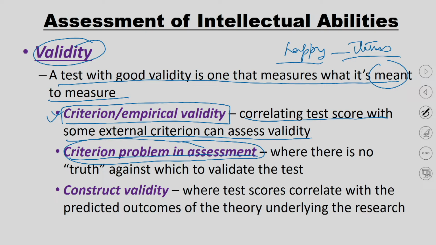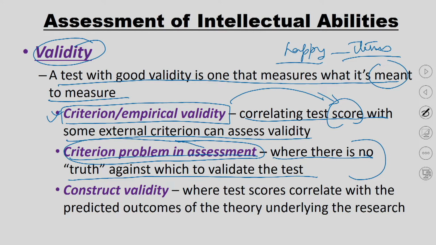So, for achieving validity there, where there is no truth against which to validate the test, what do we do? If there is a test out there based on which we can design our own test, it is supposed to have criterion validity. But assuming there are no tests, we cannot define a criterion. There, we generally use something called construct validity: test scores correlate with predicted outcomes of the theory underlying that research.